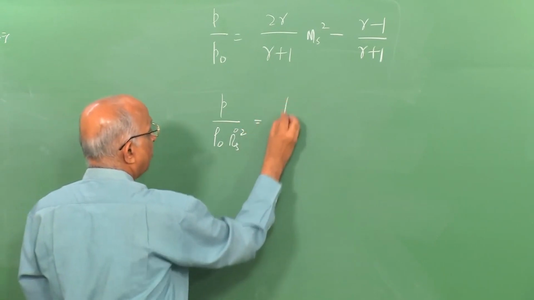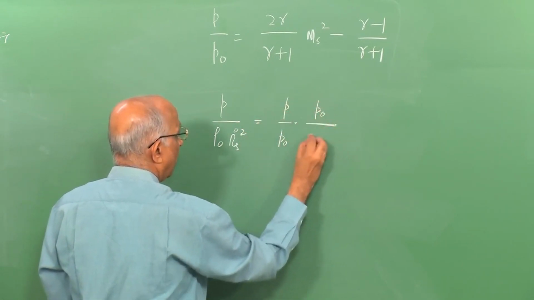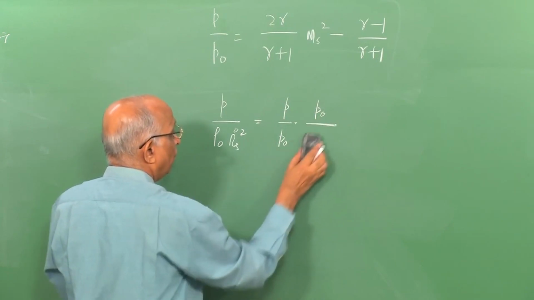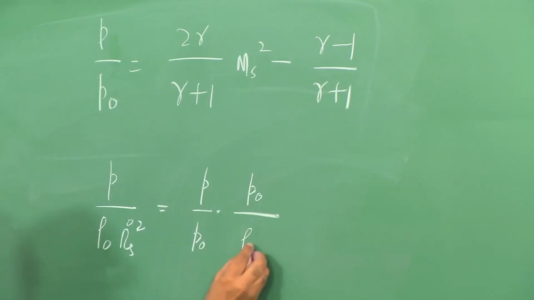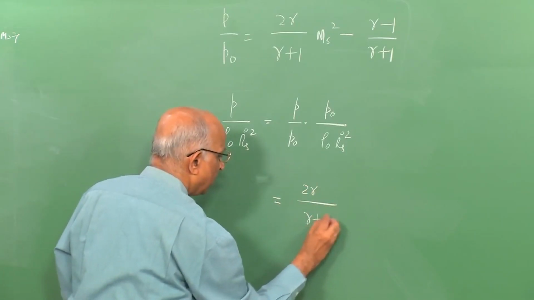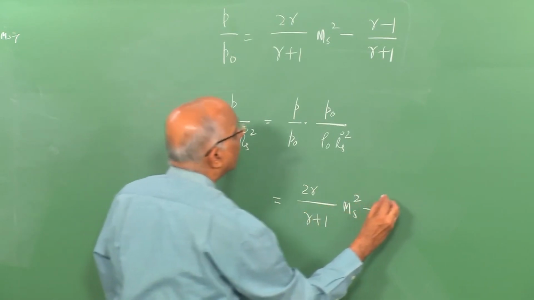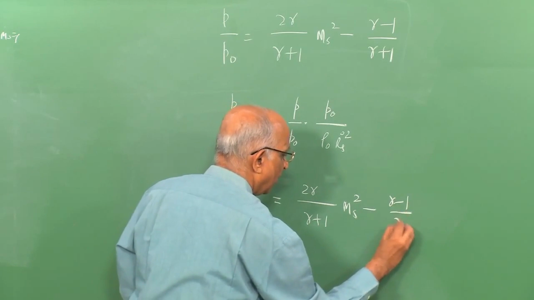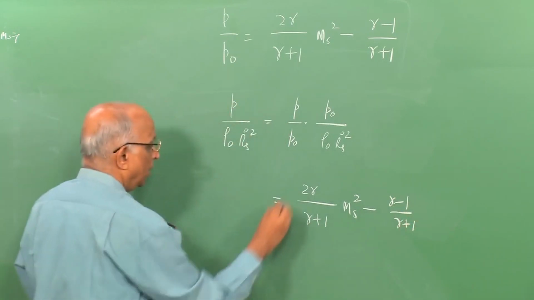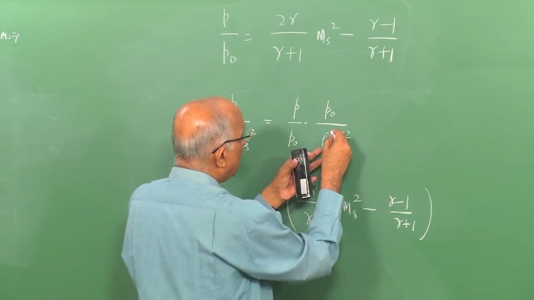Therefore, I write it as p by p 0 into the value of p 0 by rho 0 into Rs dot square, and now I substitute this value over here. I get 2 gamma divided by gamma plus 1 into Ms square minus gamma minus 1 divided by gamma plus 1 into, this is the value of p by p 0 into p 0 by rho 0.